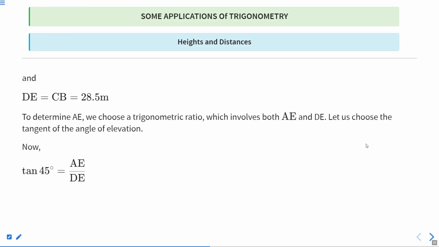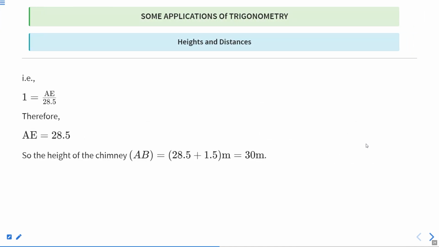Here we know the value of DE is equal to 28.5 meter, and we also know the value of tan 45 degree is equal to 1. So it implies 1 is equal to AE by 28.5, and therefore AE is equal to 28.5.